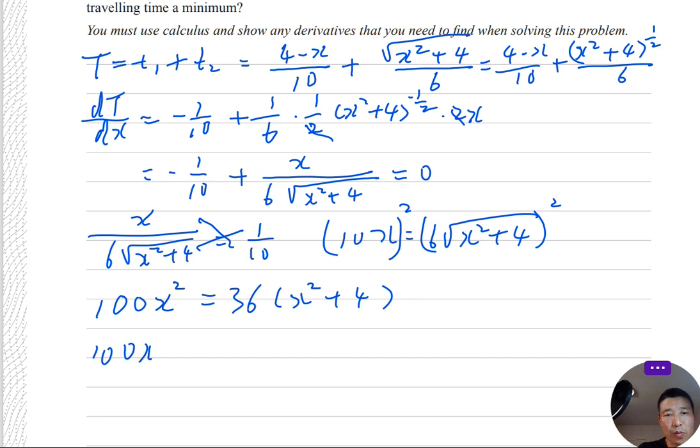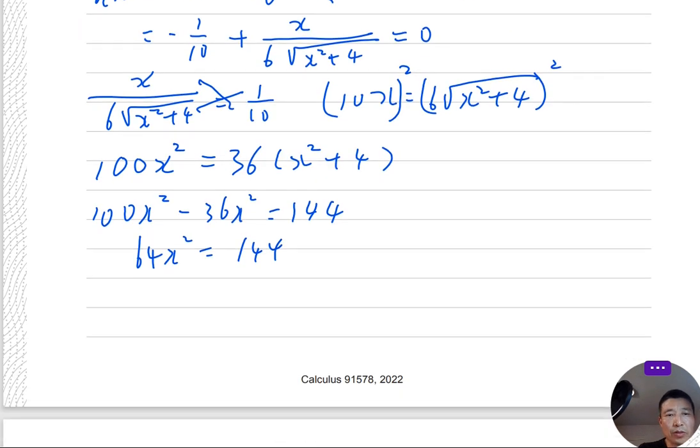So 100x squared minus 36x squared equals 36 times 4, 144. So that is 64x squared equals 144. So divided by 64 on both sides leaves 144 over 64.